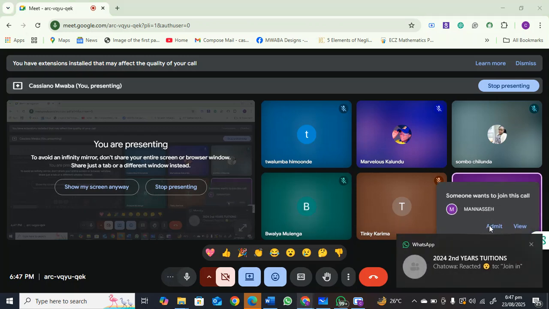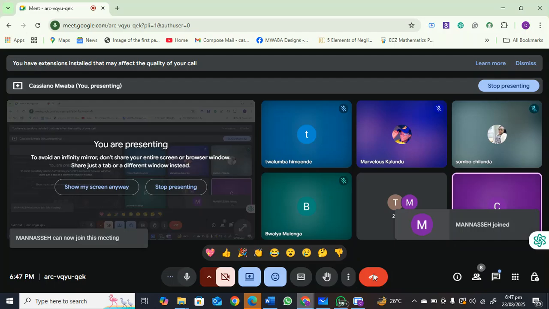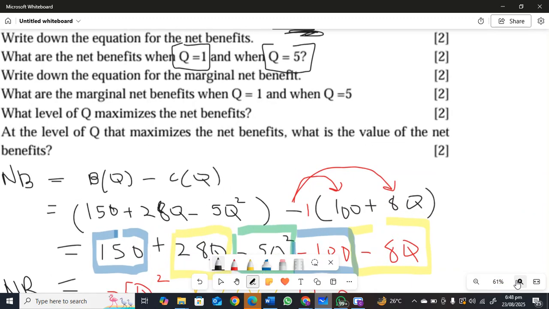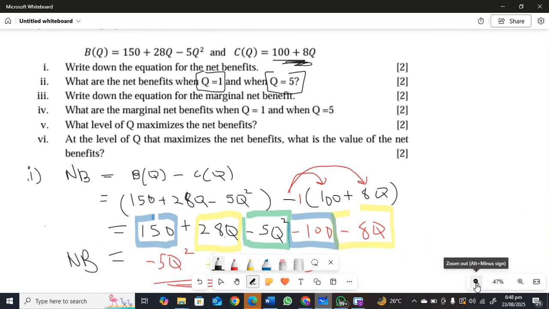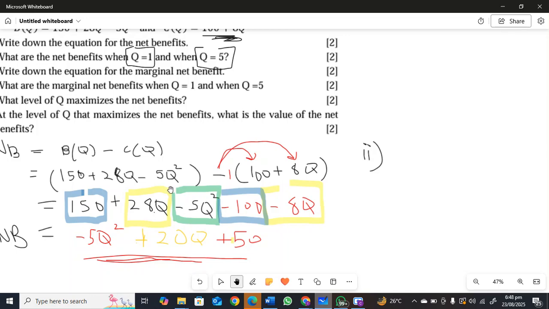What benefits do you think these can be? As I'm answering the question here, what benefits can these be? Okay, so we're going to substitute q equals 1 into the equation, and then q equals 5. So if we substitute q equals 1, our original equation is this net benefit.